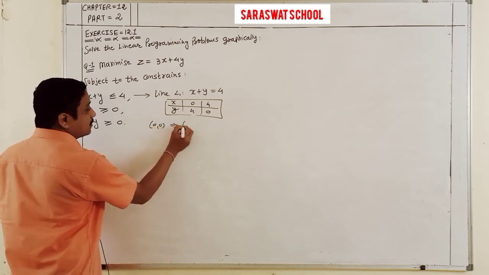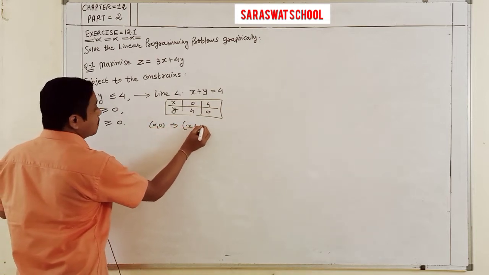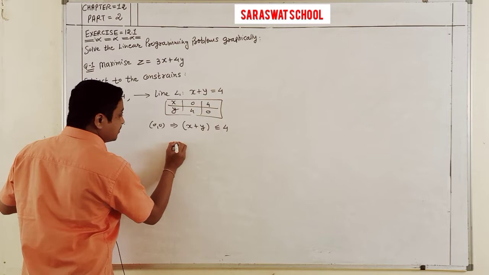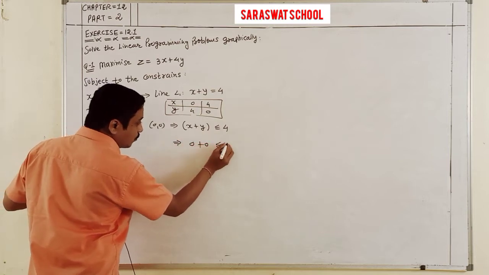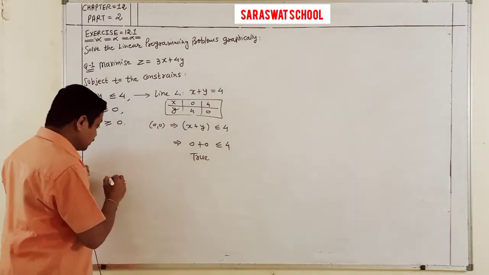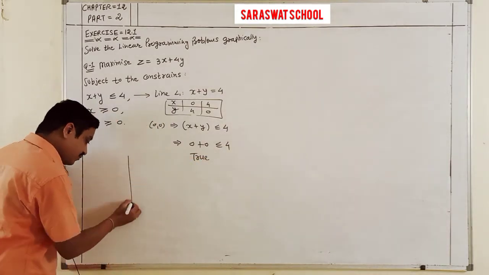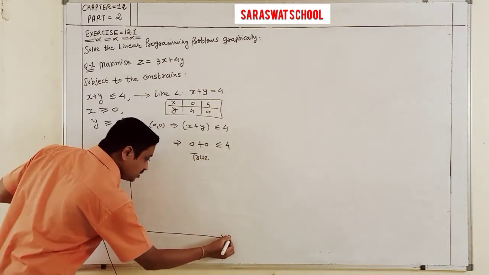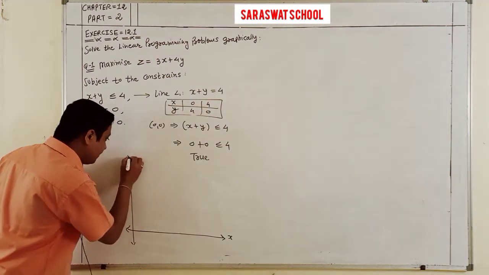Is x + y less than 4? It is surely true. So your graph now runs towards the origin side, definitely.